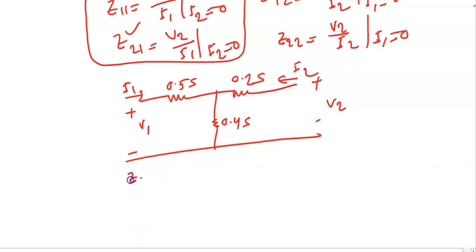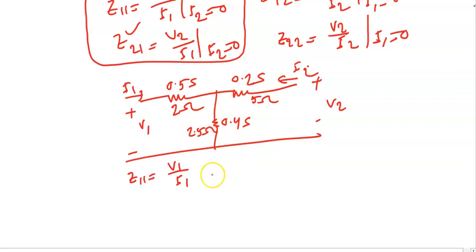So G11 is equal to V1 upon I1. You see, when I2 is 0, there is no current flowing through the two Siemens resistors. Before that you should convert into ohms, otherwise you will be confused. So it is 2 ohm, this is your 5 ohm, and this is your 2.5 ohm.